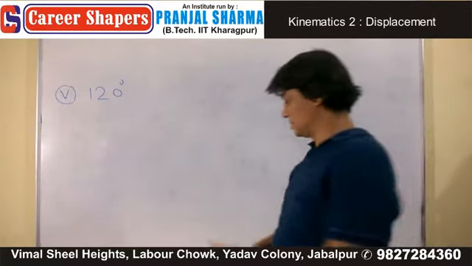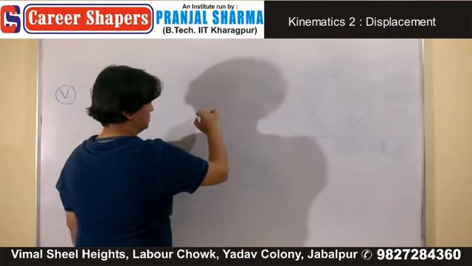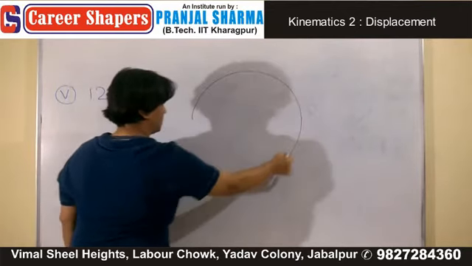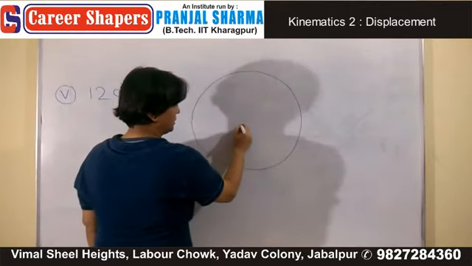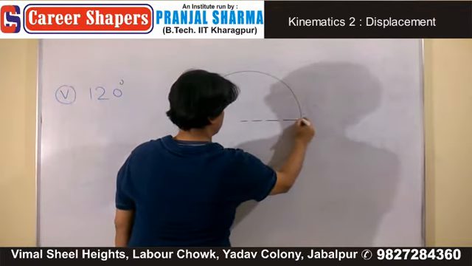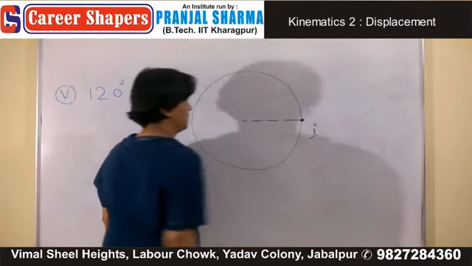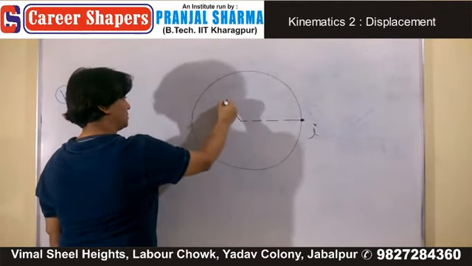I will draw the path and then you try the question. Draw a circle. This is your initial point. This is 90 and therefore you will reach somewhere here.